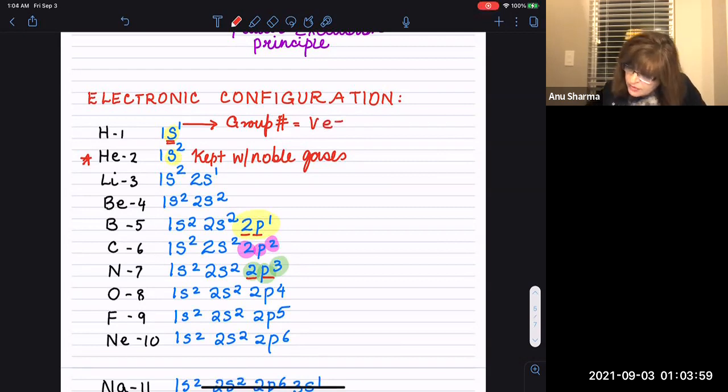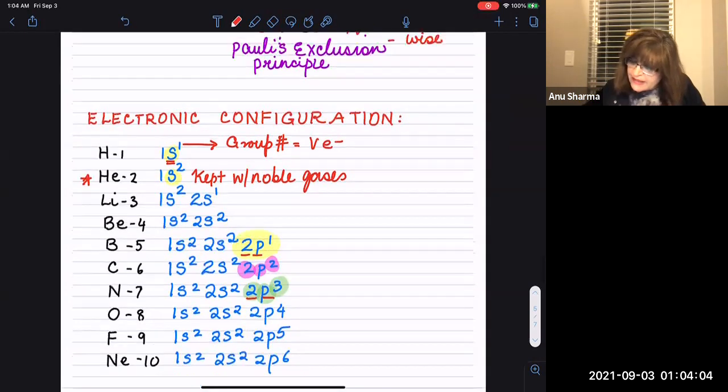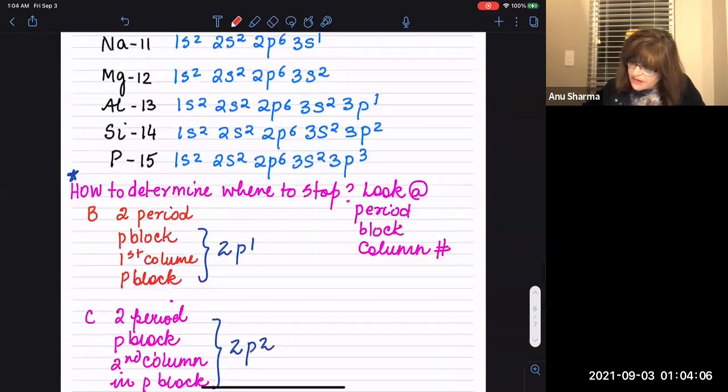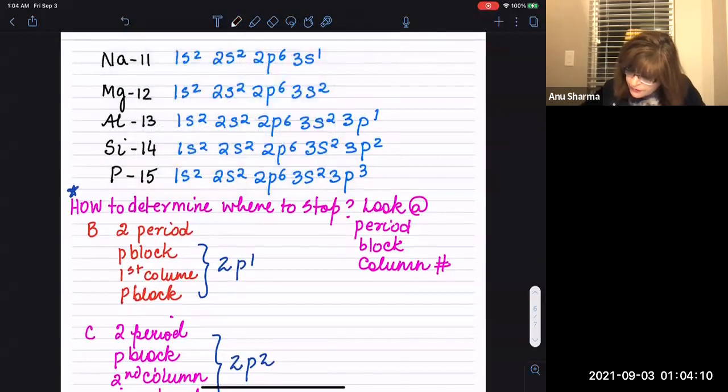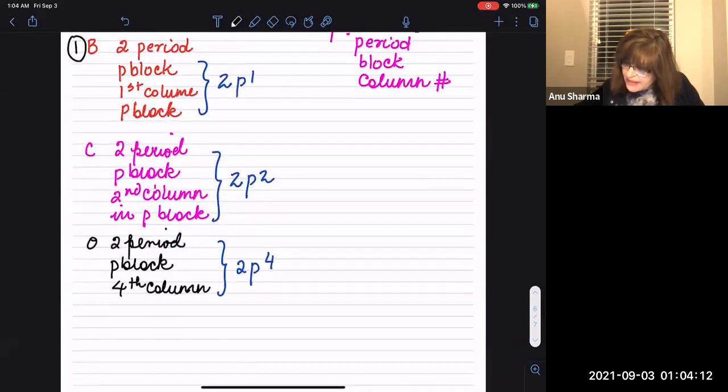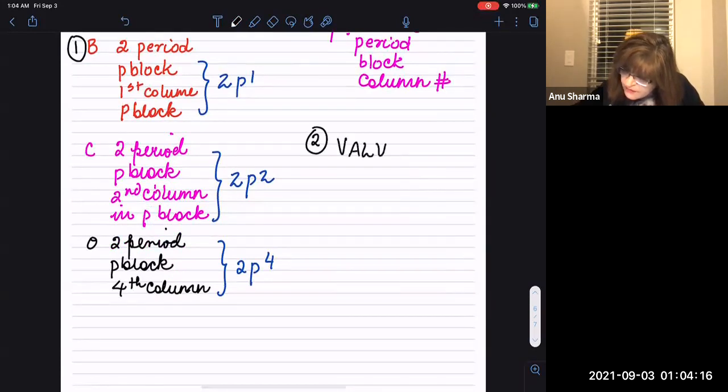Now look at this in here. 1s2, 2s2. Valence electrons are basically, this is one concept of energy of doing this. Second one is the valence electrons. Valence electrons are the ones that are found in the largest shell number.